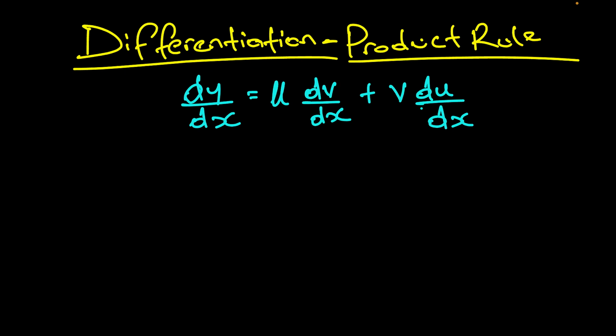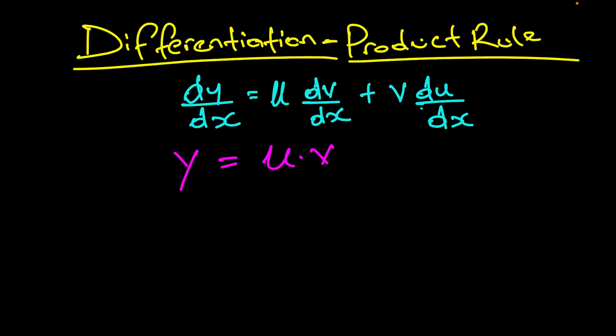So what you're looking at here is the formula that we will use as our differentiation for product rule. We apply this formula whenever we have a function, say y equals u times v, where u and v represent some form of terms that are being multiplied.